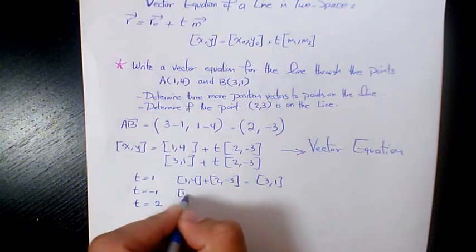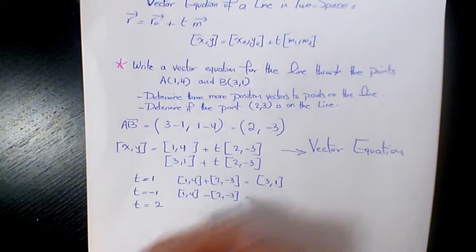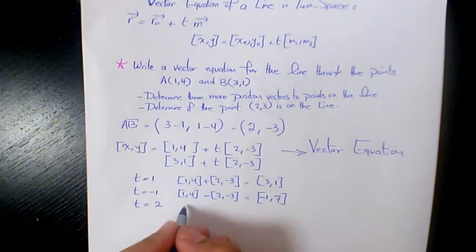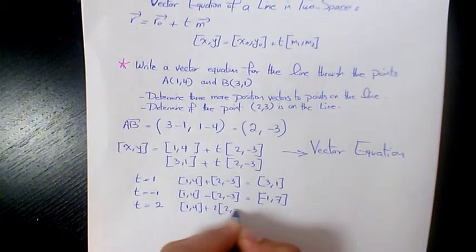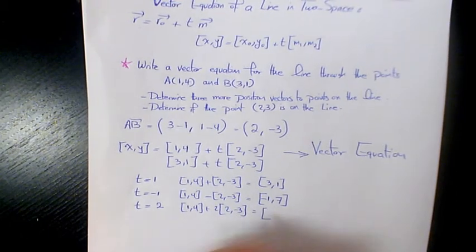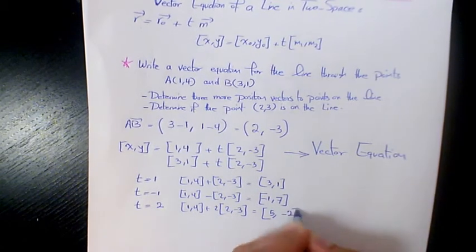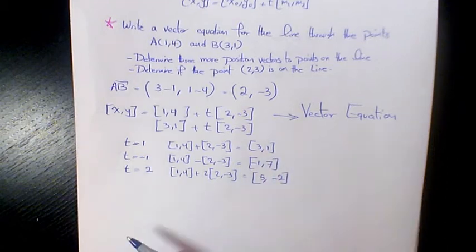Then we have (1, 4) minus (2, negative 3): 1 minus 2 is negative 1, and 4 minus negative 3 is 7. Then (1, 4) plus 2 times (2, negative 3): 1 plus 4 is 5, and 4 minus 6 is negative 2. So those are 3 more position vectors.